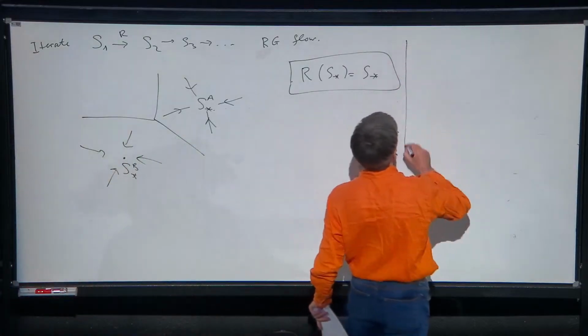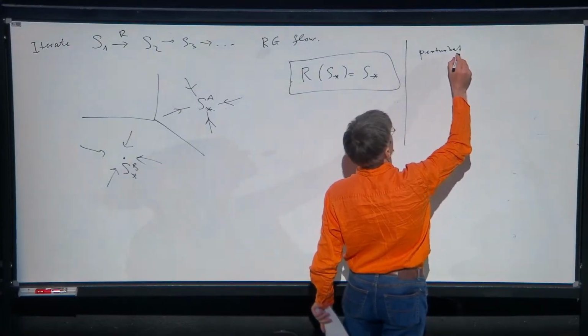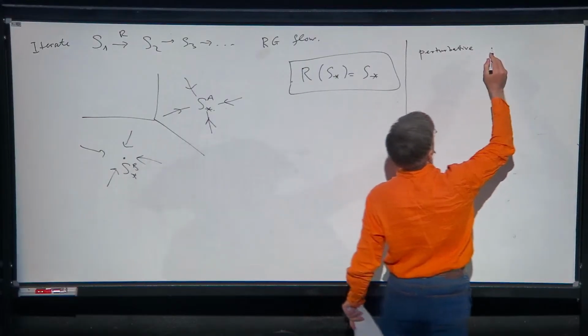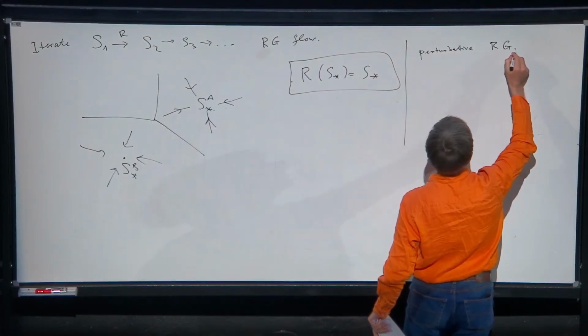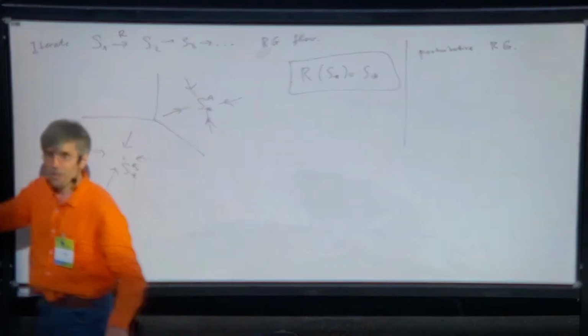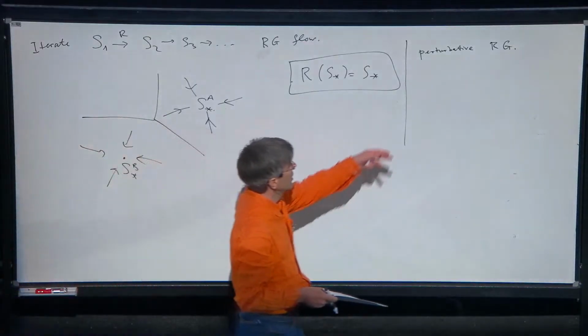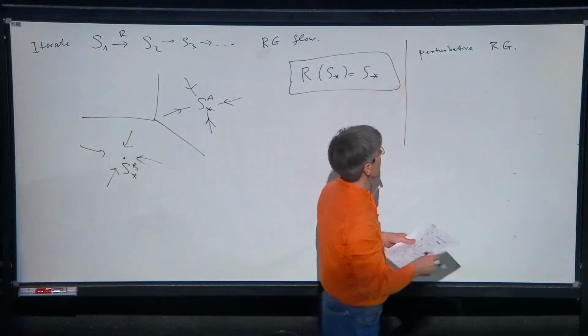So there is something which is called perturbative RG, of course, and confusion is enhanced by the fact that it was Ken Wilson who invented both of these things. He actually invented this first, but then he said, well, this is hard to do, so let me just do perturbative RG. And perturbative RG is something like epsilon expansion.